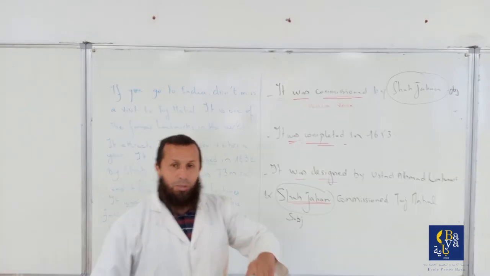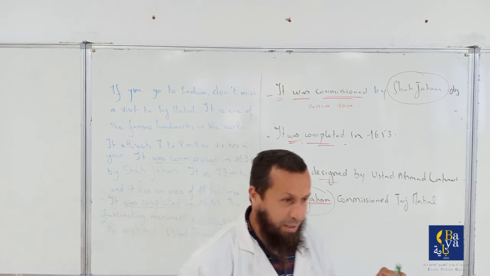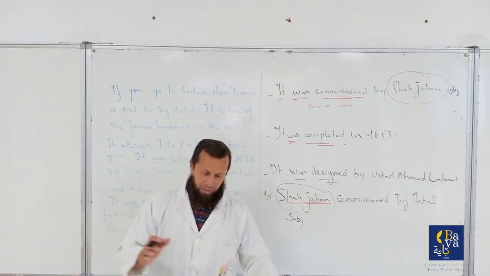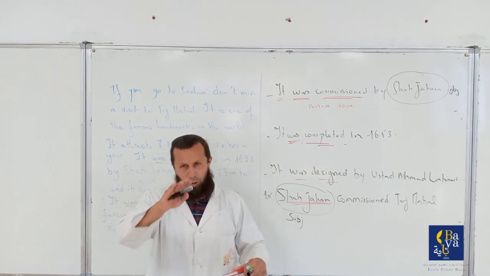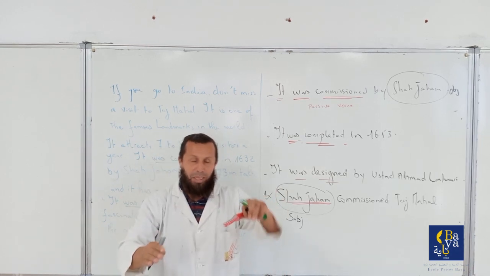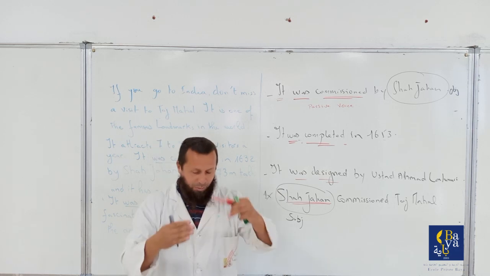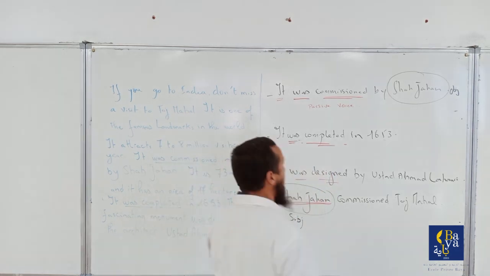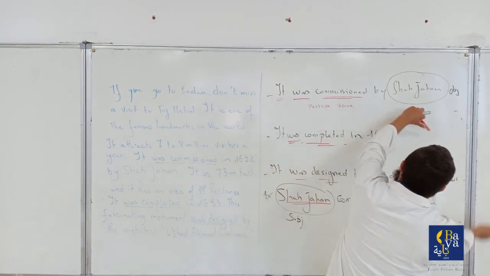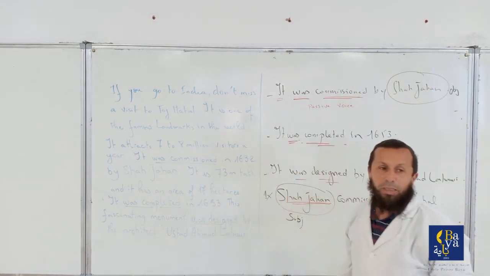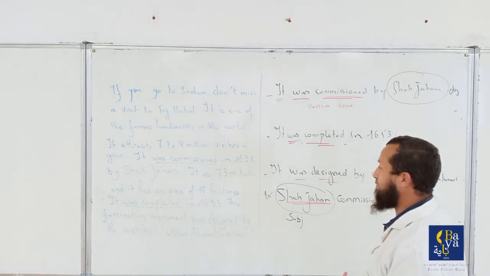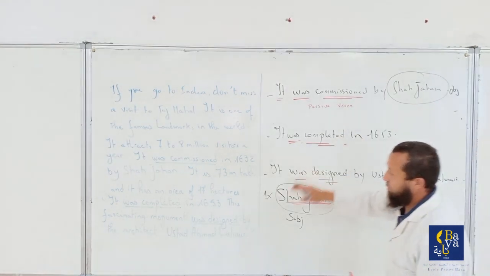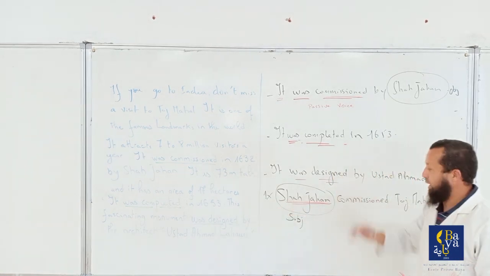So the first step from the active to the passive, no, let's have it in the contrary. From the passive to the active, then we see. So the first step is to take the object to become the subject. Shah Jahan was here an object, and it comes to be a subject.